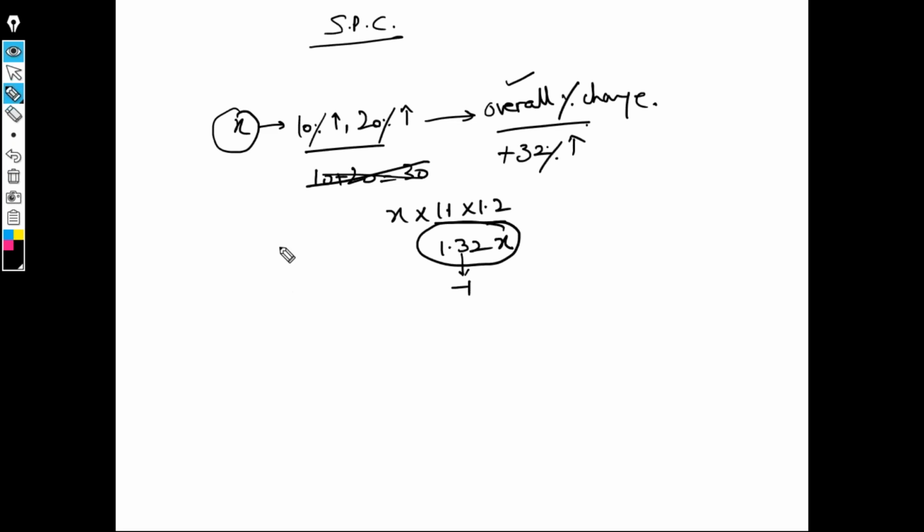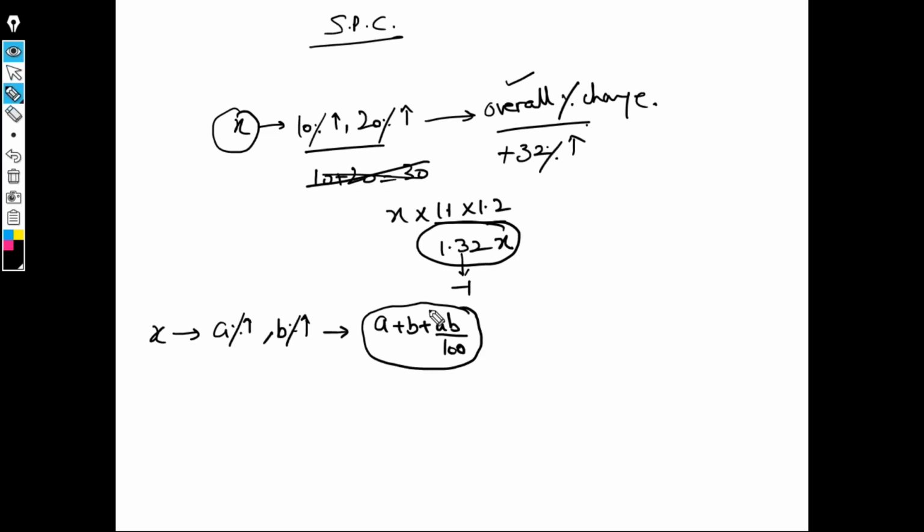So likewise, if we generalize this part as well, if x is increased by a% and then by b%, the overall percentage change is going to be a plus b plus ab upon 100. So please always bear this relation in your mind.